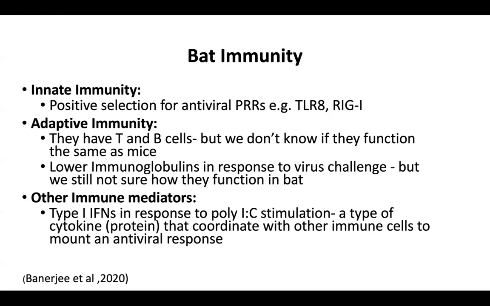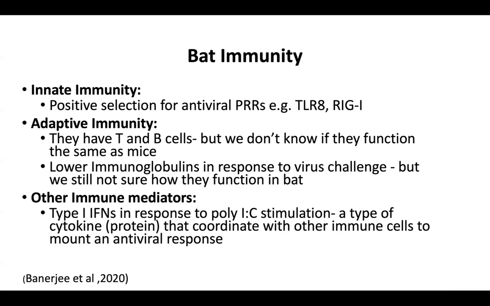In terms of the adaptive immunity, we don't know a lot about their adaptive immunity. Our knowledge is very limited. We know that they have T and B cells, like mice. We don't completely understand how they function similarly or differently from the mice. They have immunoglobulins, but their immunoglobulin response is slightly enigmatic.